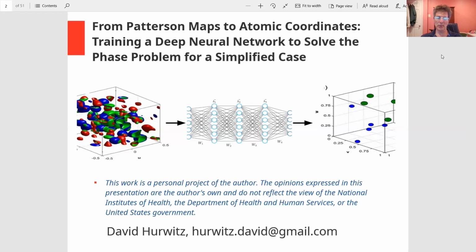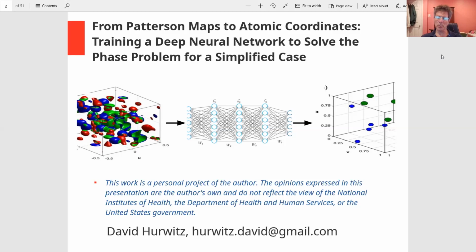So this talk is about using deep learning to try to solve the phase problem for a simplified case. By that, I mean training a neural network where the network inputs are diffraction data, or in this case, Patterson maps, which are a simple transformation of the diffraction data.